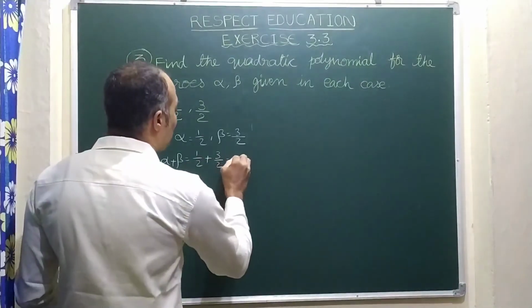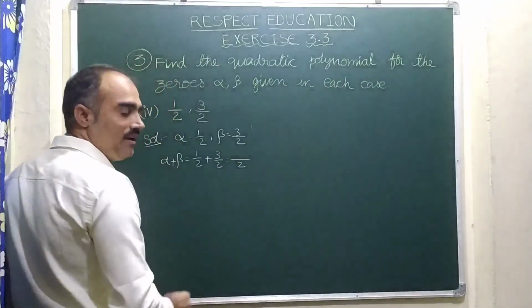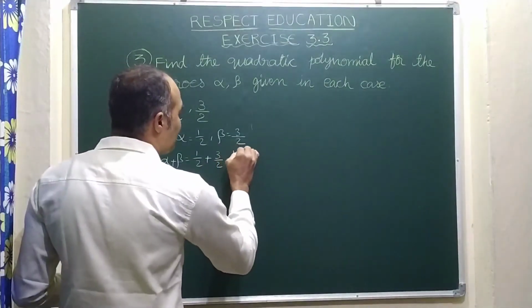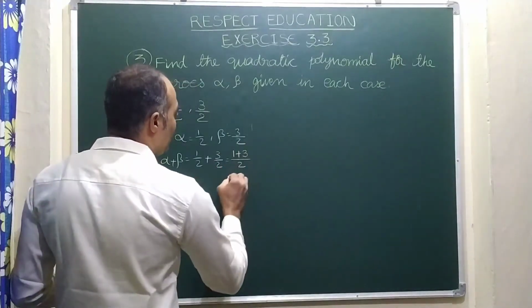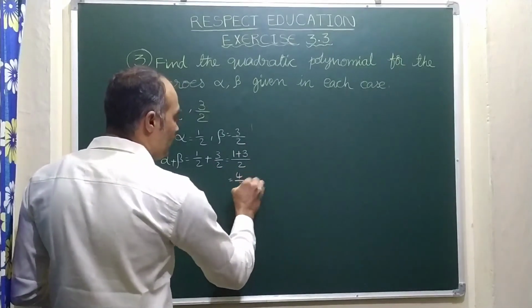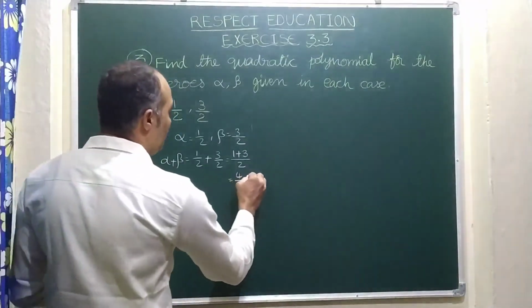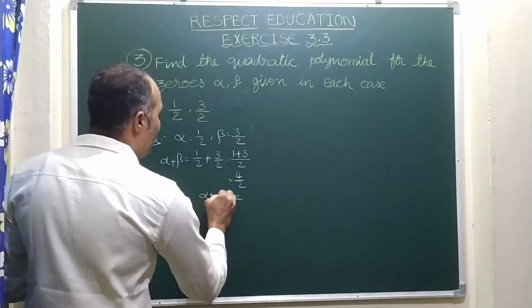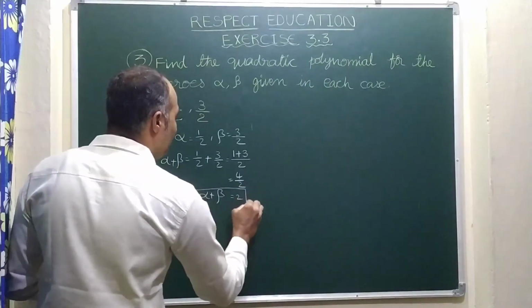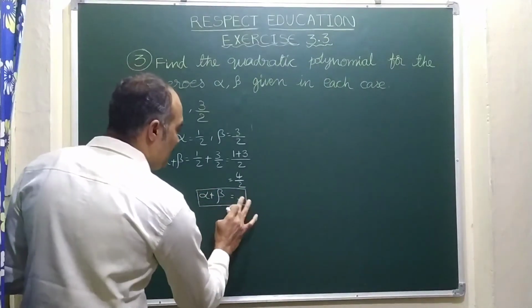Here let us take 2 as LCM. Here what comes, 1 comes as it is, 3 comes as it is. 1 plus 3 is 4. So this is 4 by 2. 4 by 2 is nothing but 2. So here finally alpha plus beta is 2.